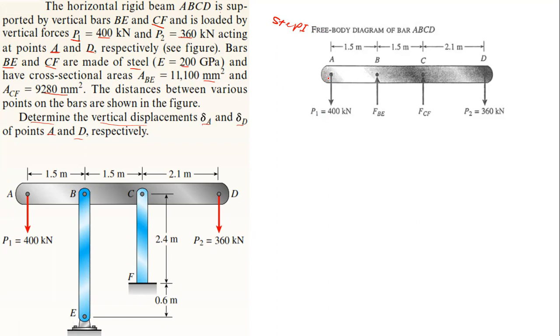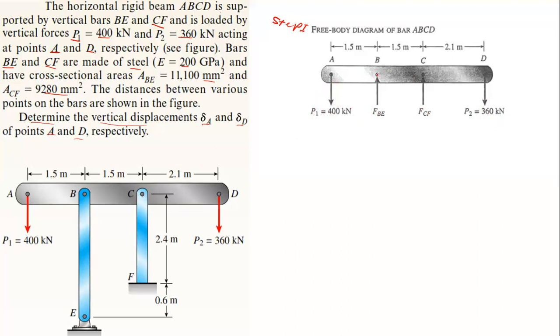All you have to do is to locate the forces and the directions. P1 and P2 are already sketched in our problem. So we have downward forces of 400 and 360 kilonewtons.